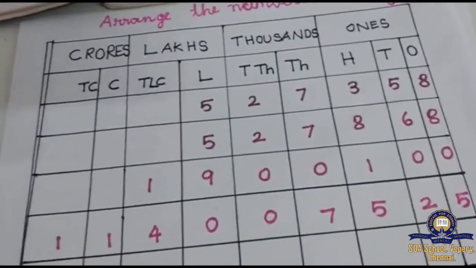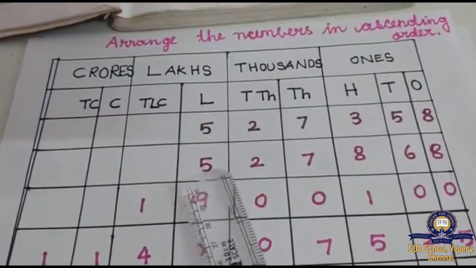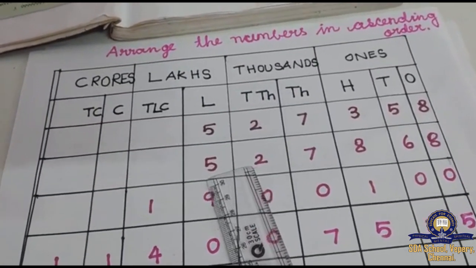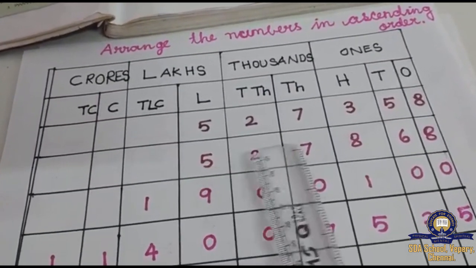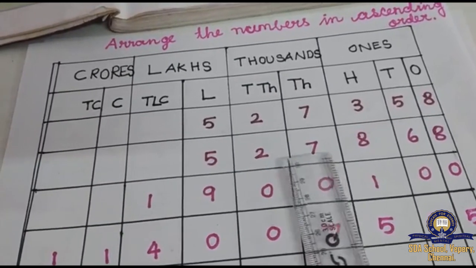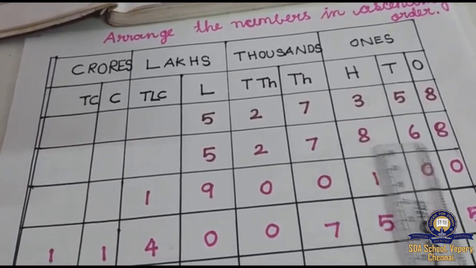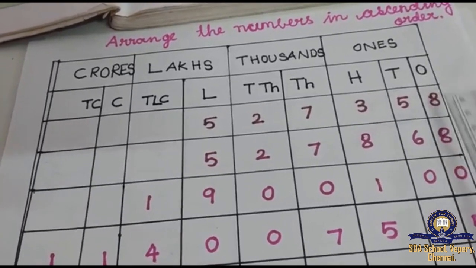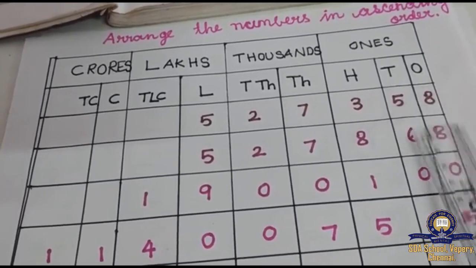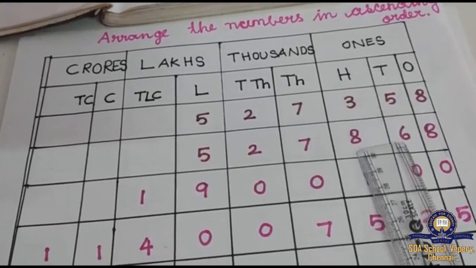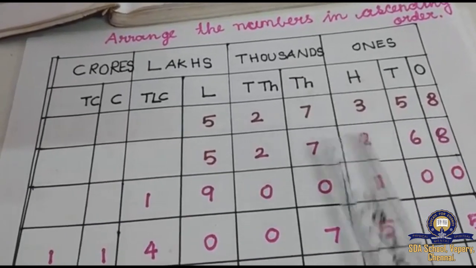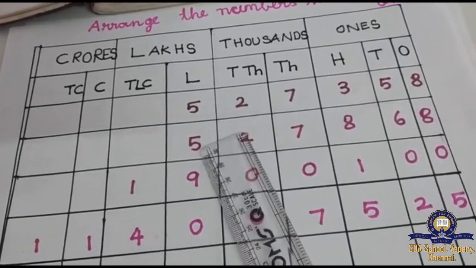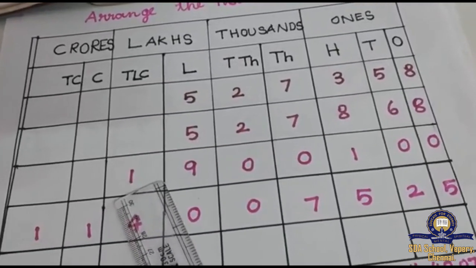The next number is 5 lakhs 27,868. How to arrange? Under ones 8, under tens 6, under hundreds 8, under thousands 7, under ten thousands 2, under lakhs 5.